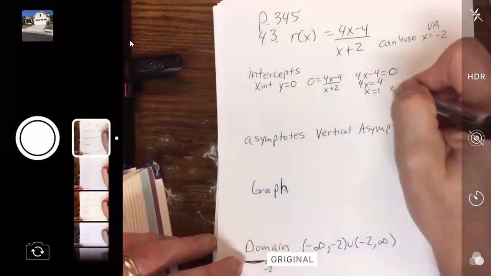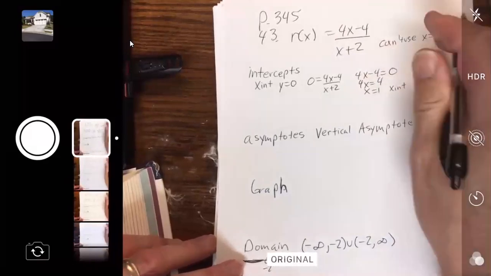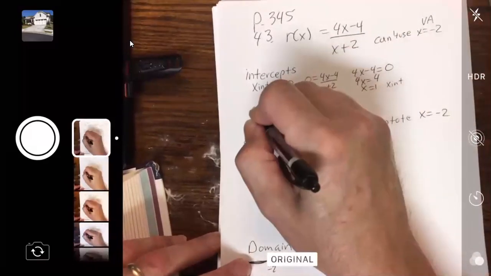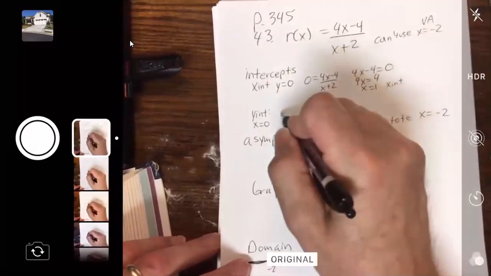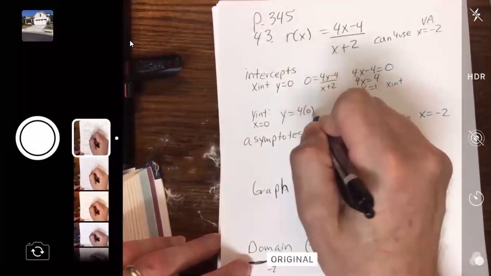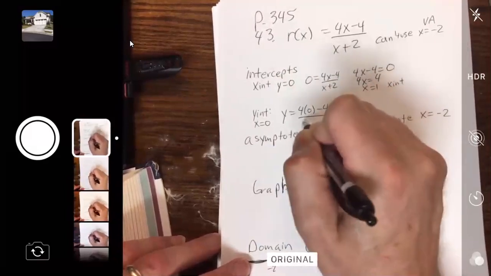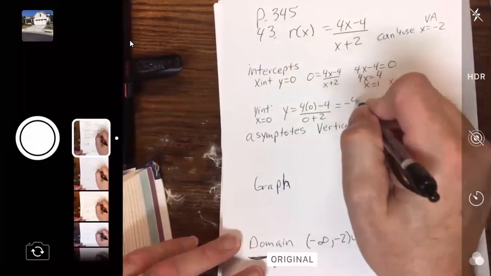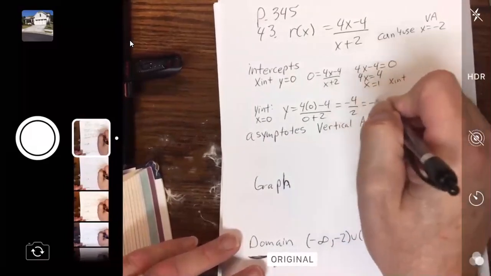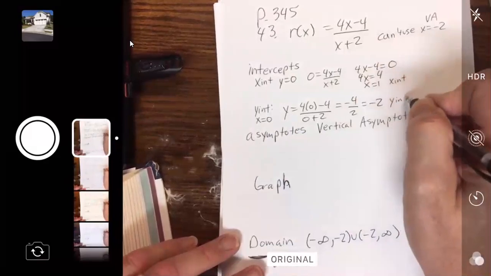So that is your x-intercept. And your y-intercept, x equals 0. So y would be 4 times 0 minus 4 over 0 plus 2. Looks like you get -4 over 2, which would be -2. And that is your y-intercept.